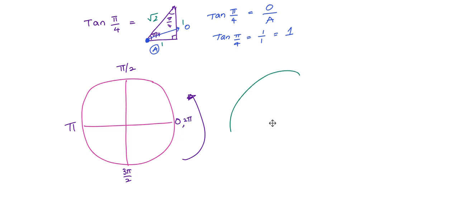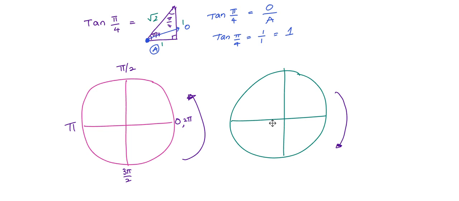The other one is going clockwise, which is this way. So the angles would be negative, starting from 0, minus pi on 2, minus pi, minus 3 pi on 2, minus 2 pi.